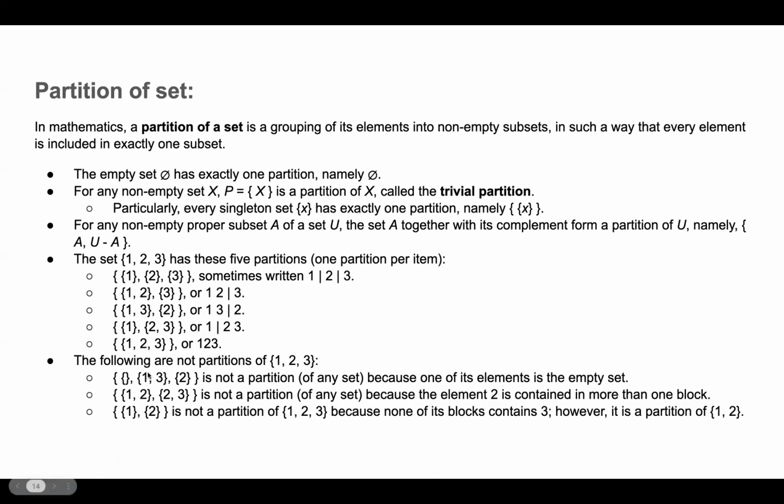Here empty set, and in one set 1 and 3 is there and 2 is there. It is not a partition of any set because one of its elements is the empty set. If the empty set is there, then the relation, that is partition, is not there.